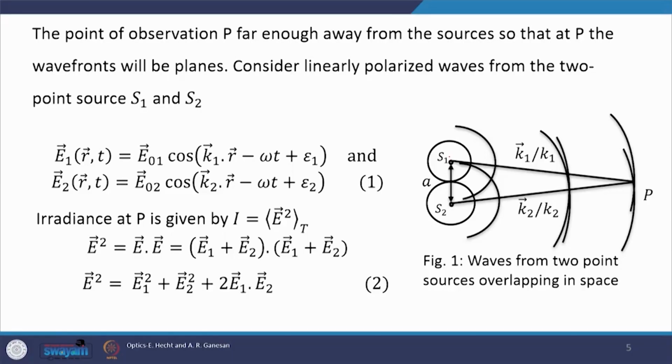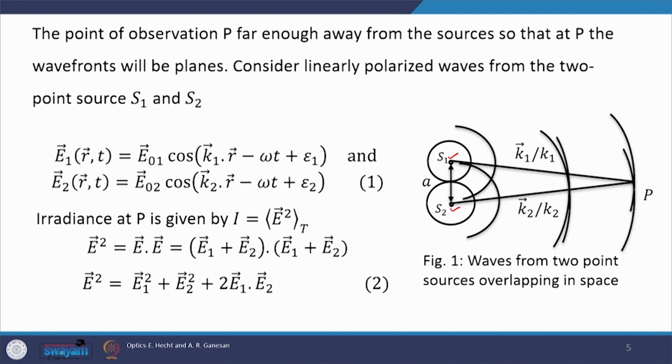Now, having said this, consider we have 2 point sources which are designated by S1 and S2. Since S1 and S2 are point sources, they will emanate spherical wave fronts.